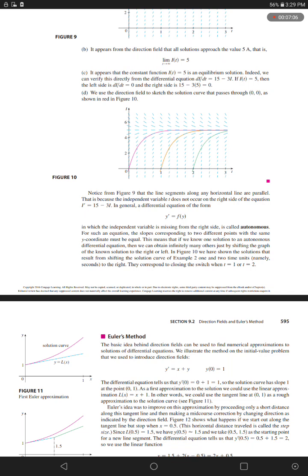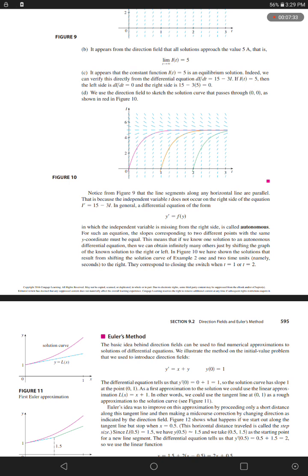That is because the independent variable t does not occur on the right side of the equation, I prime equals 15 minus 3I. In general, a differential equation of the form y prime equals f(y), in which the independent variable is missing from the right side, is called autonomous.